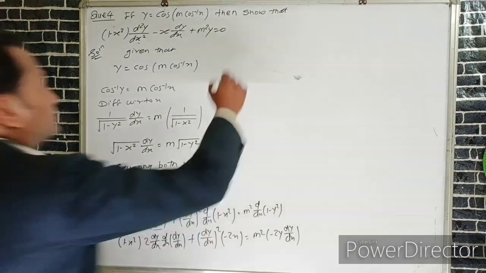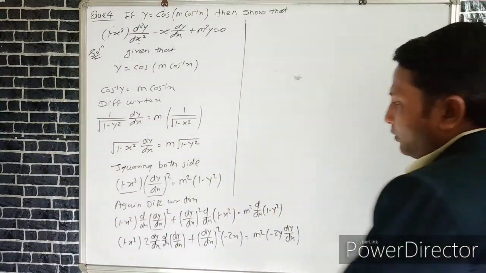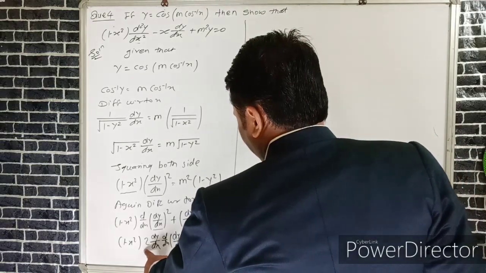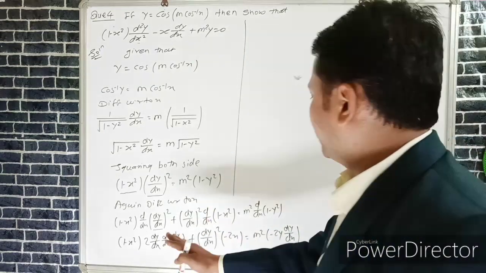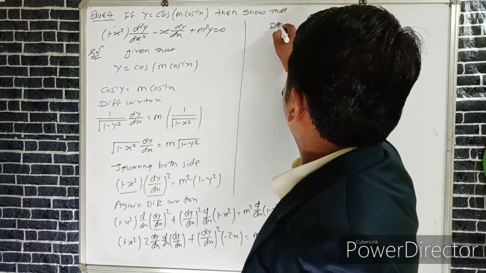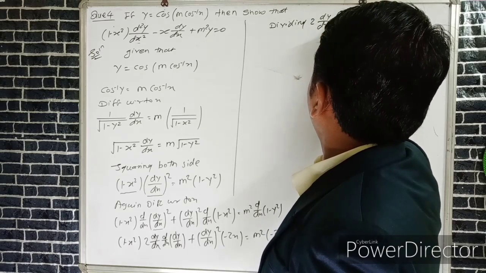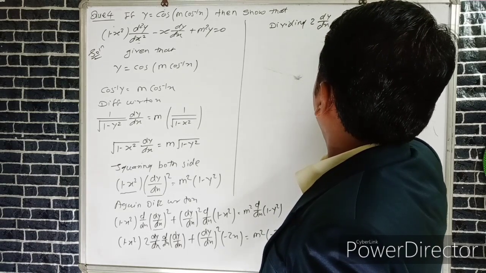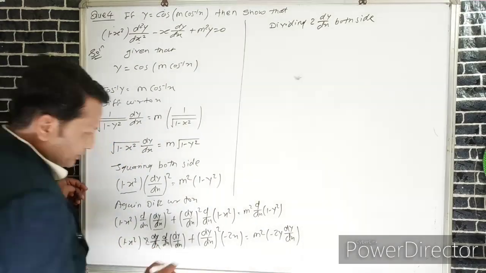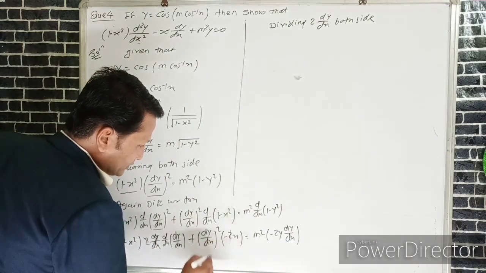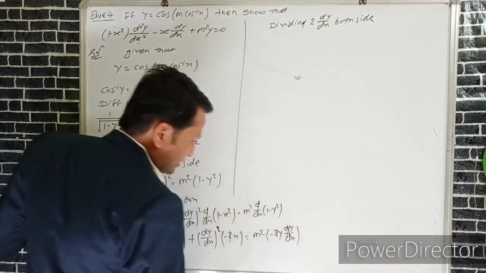So again, if we take 2 into dy by dx common from both sides, or divide by 2 into dy by dx on both sides, the 2 cancels, dy by dx square cancels. Here 2 cancels, dy by dx cancels.